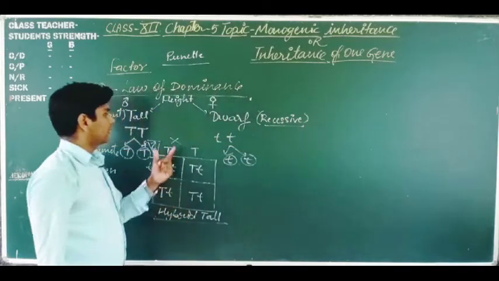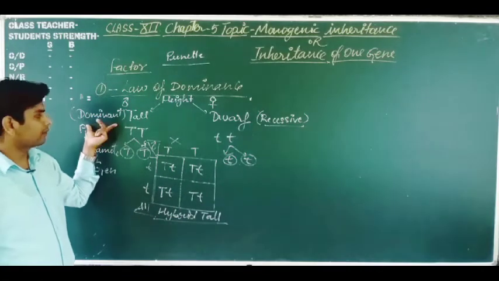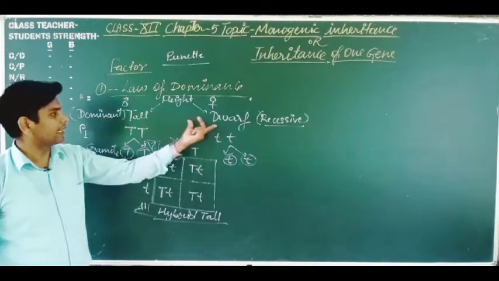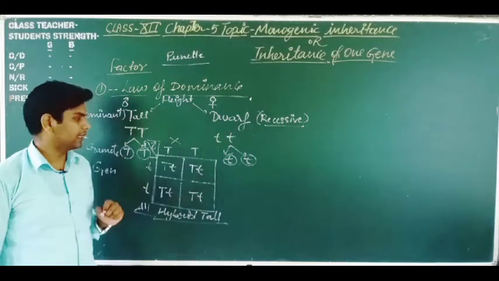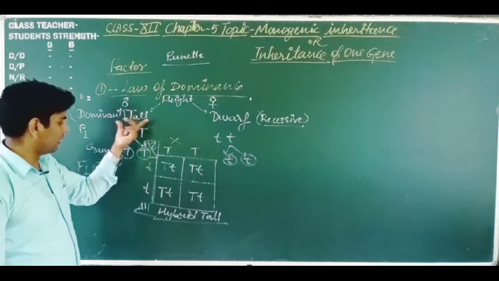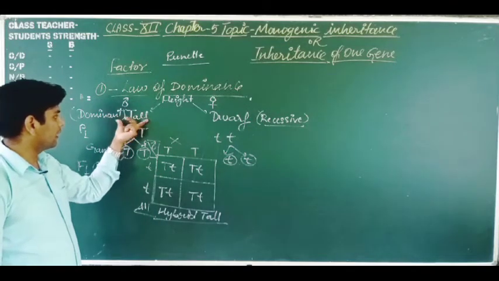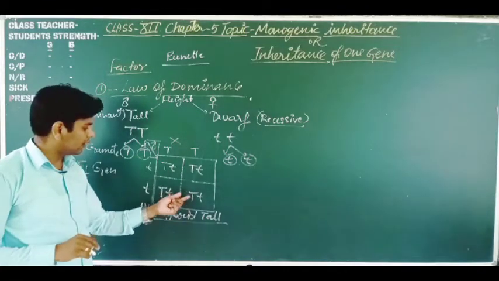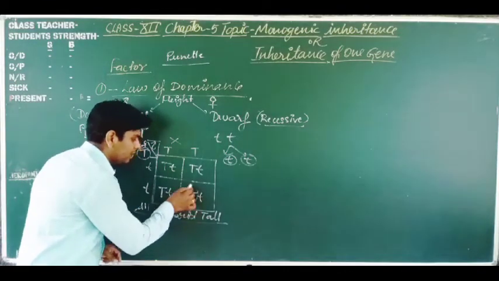So the dominant parent is this and the recessive parent is this. But dear students, one more thing I want to tell you: the character which shows in the F1 generation is the dominant character, and the allele due to which this character shows is the dominant allele.